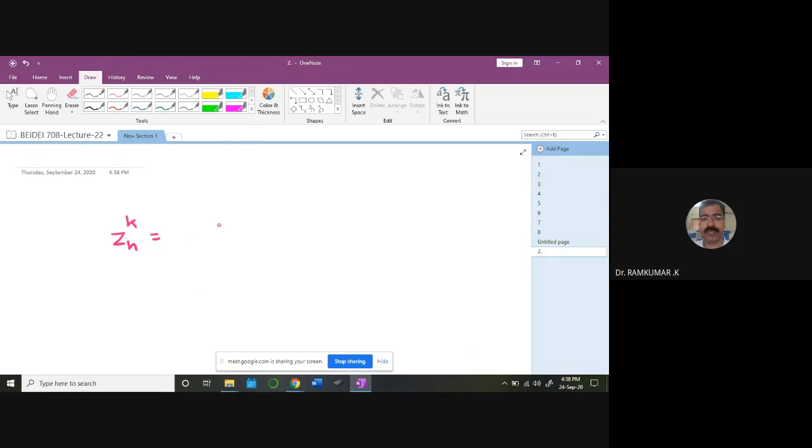Sigma i equal to 0 to n, w i h k, x i of k. You agree? This is the formula you need to employ in order to get z1, for example.